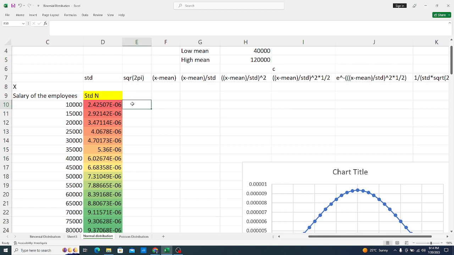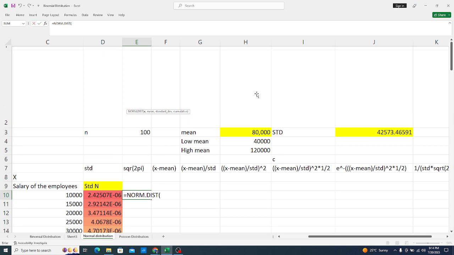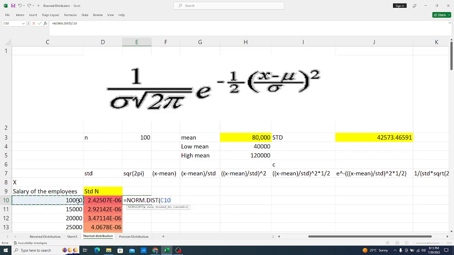So in this case, it will be equal to NORM.DIST. The x will remain. We need the mean, our mean will be this, and we will maintain our standard deviation. And then we need the probability mass function. So for our case, we'll have to use the reference of the mean and the reference of the standard deviation.